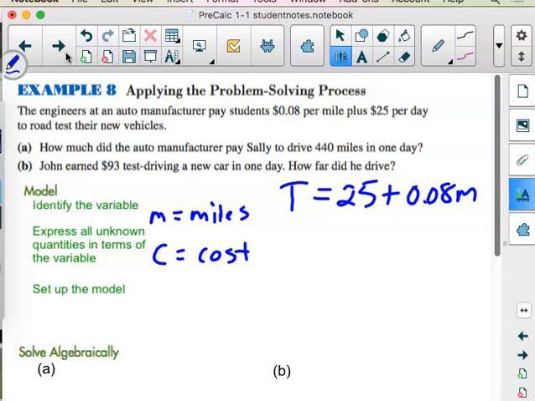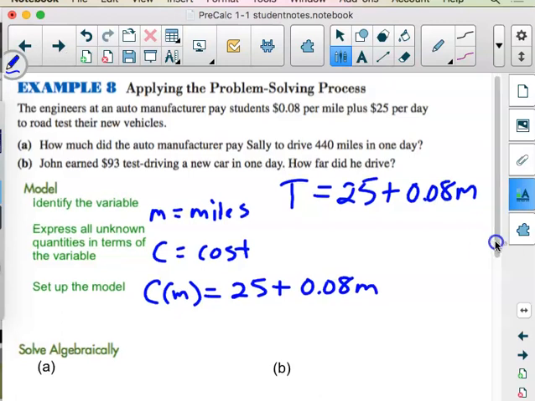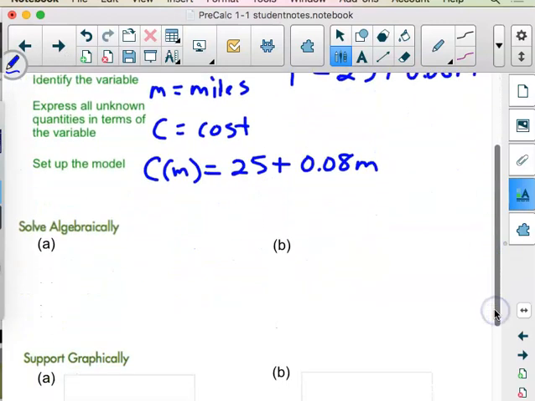And then it says set up the model, which I really did by thinking about the total. The cost to the company is going to be determined by the number of miles, $25 per day plus 8 cents per mile. So there's our model, and it's in a function.